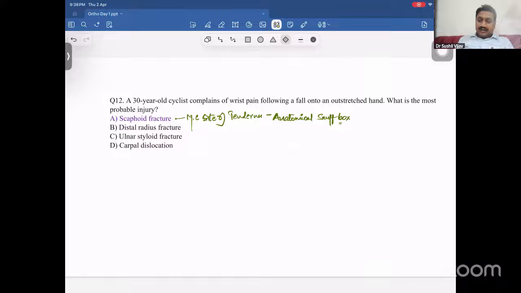Very true. Remember, scaphoid is a very, very important MCQ.